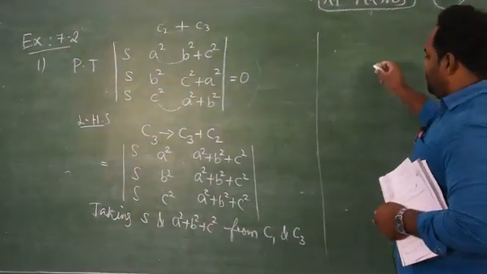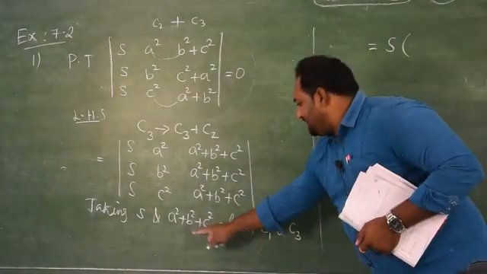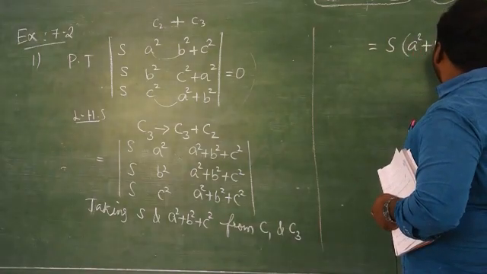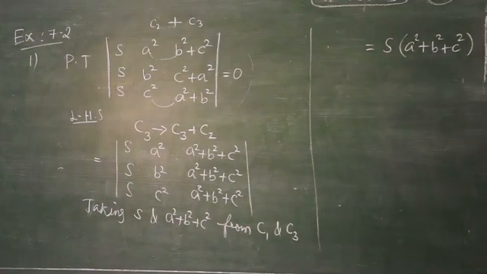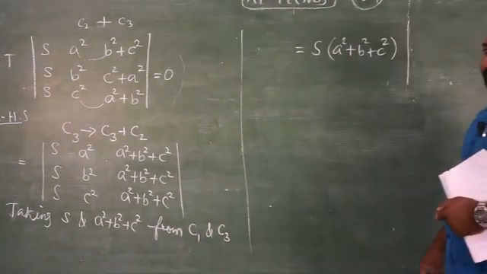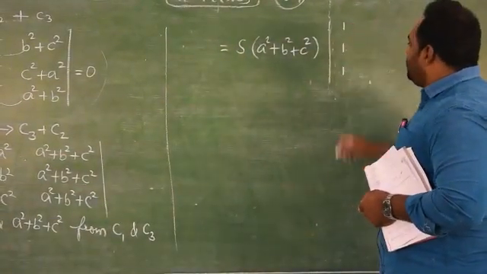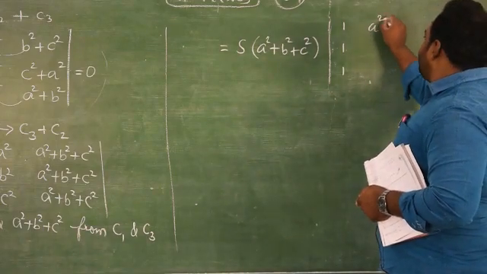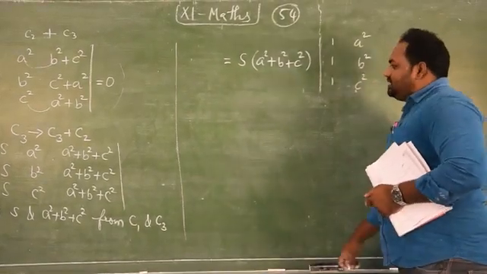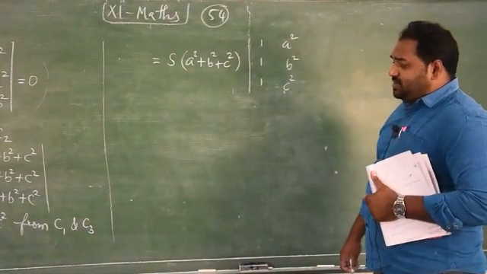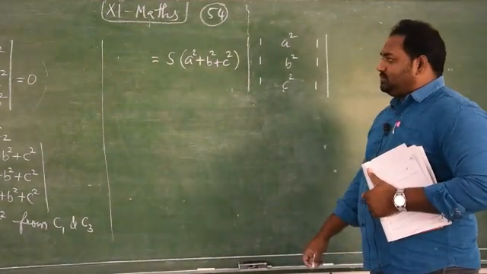After taking out S and A square plus B square plus C square, what is remaining? S came out; all the S from column 1 came out. So 1, 1, 1. Next, I didn't take anything from column 2, so as it is. Then the third column, I have taken A square plus B square plus C square outside. So remaining 1, 1, 1.